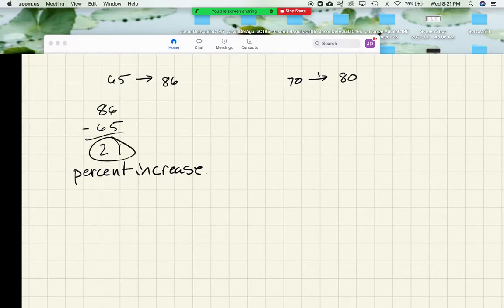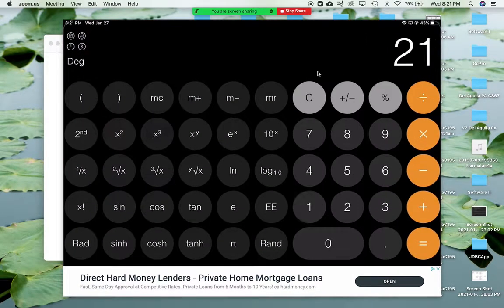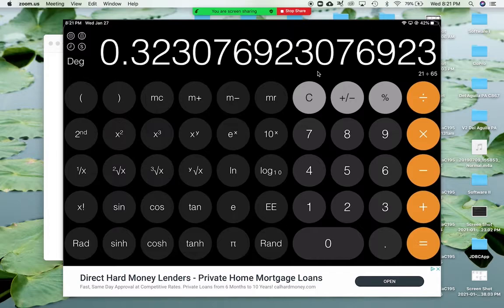The number of points I increased by is 21. But it's asking the percent increase, not the number increase. So I need to figure out what percent 21 is of 65. So I'll do 21 divided by 65, which equals 0.32.